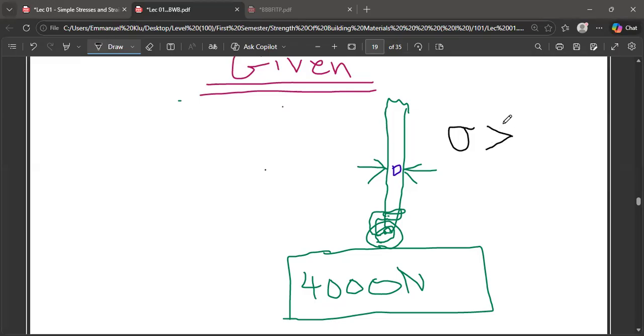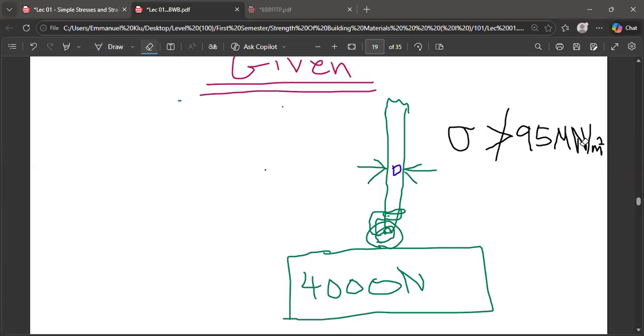So this is how I write it. It must not be greater than 95 mega Newton per meter square.